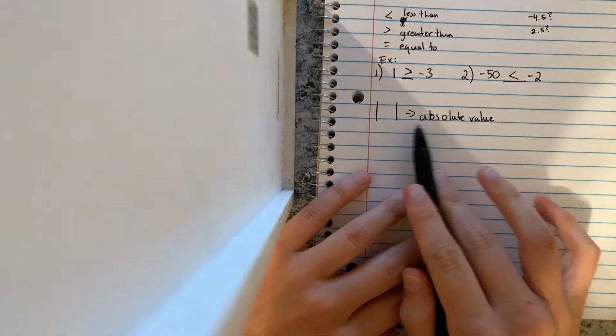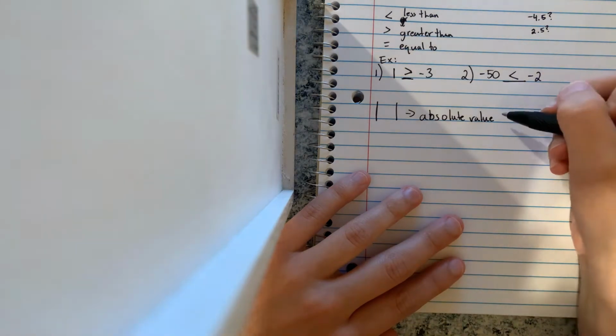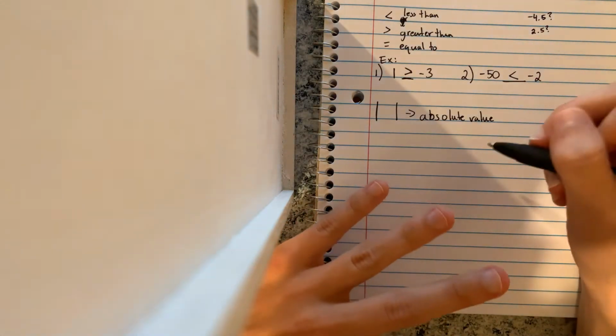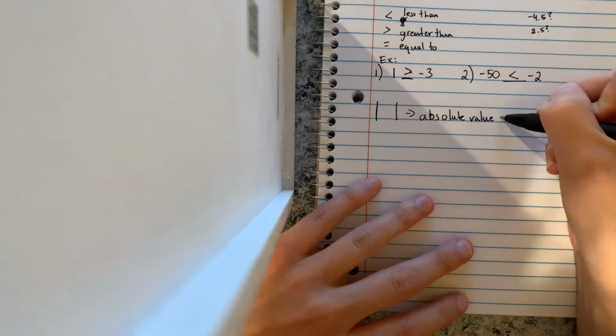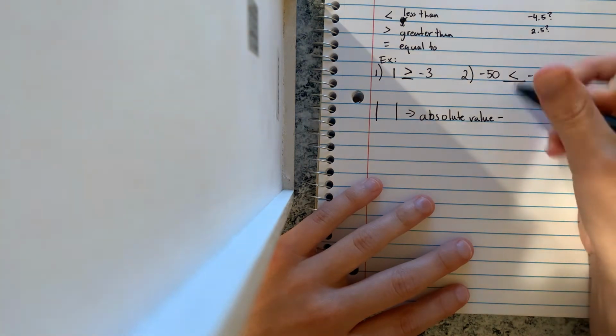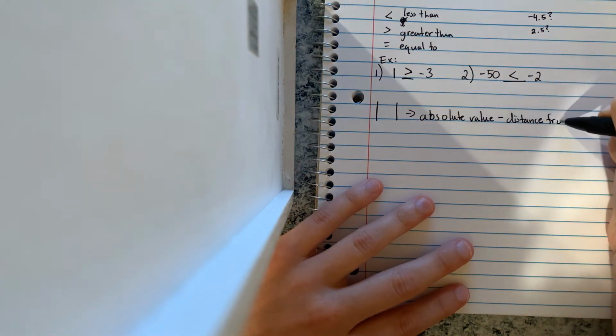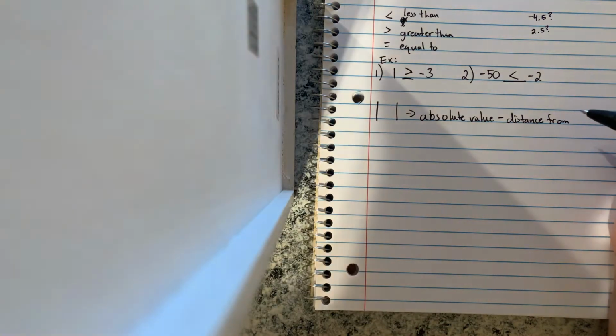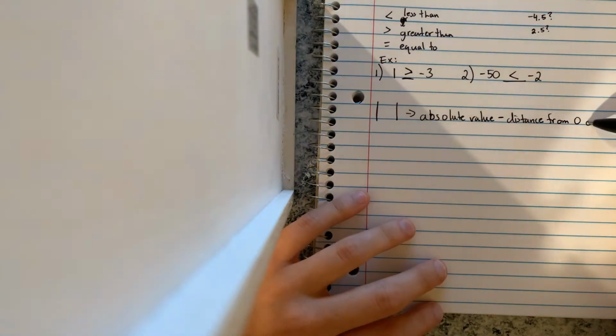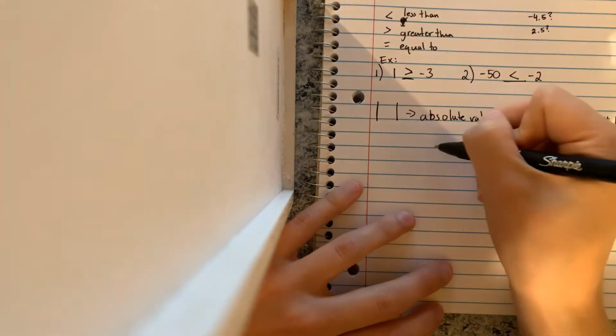Okay, the absolute value is basically something that's going to find the distance of something on the number line. So distance from 0 on your number line.